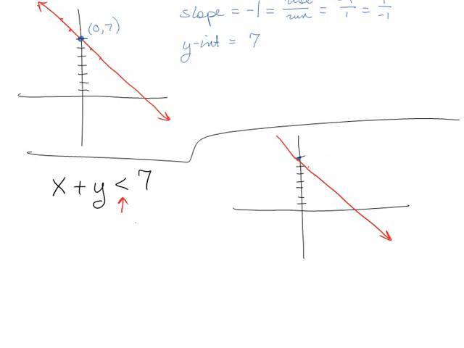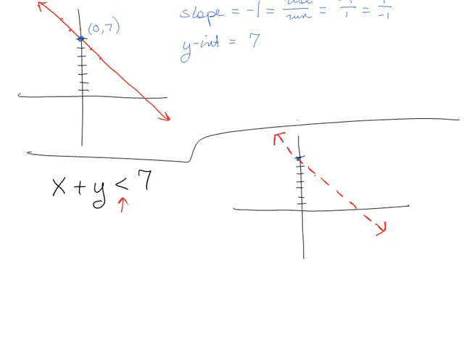See how it's strictly less than? That means I'm not actually equal to that. So instead of a straight line, I'm going to do dashed lines, because it's not actually equal to 7. It's less than it.